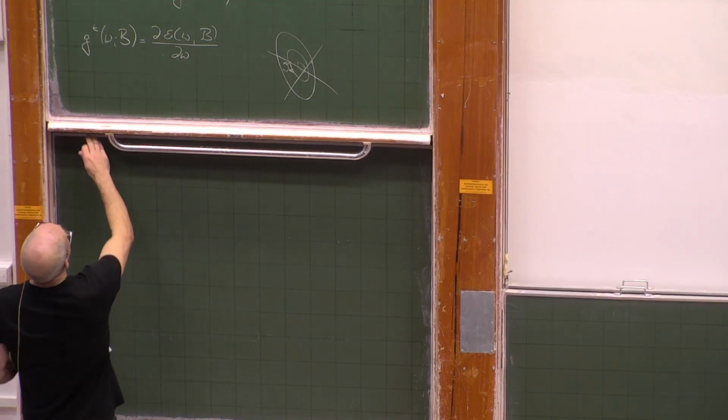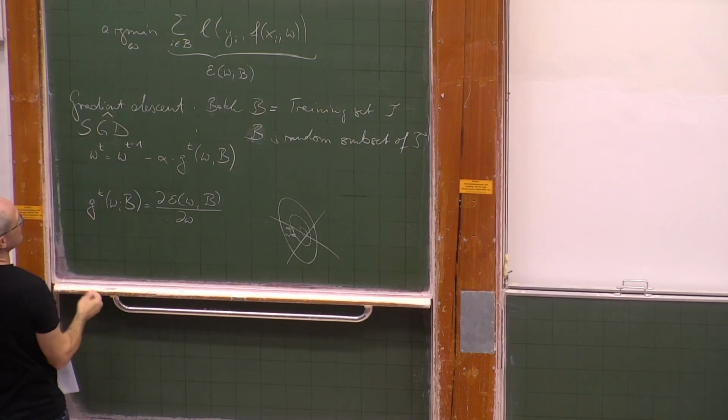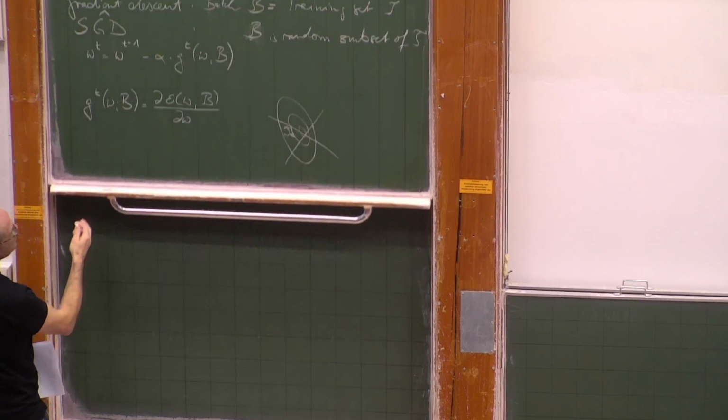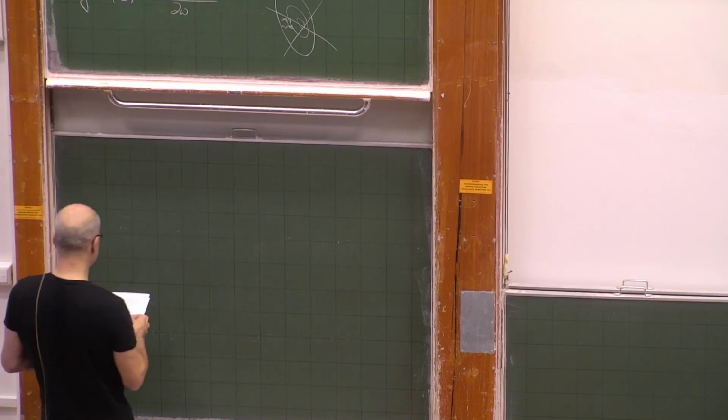And so stochastic gradient descent is better than gradient descent. And then stochastic gradient descent with a bit of memory or momentum is even better.